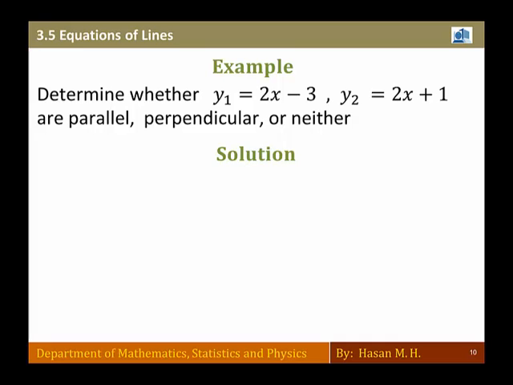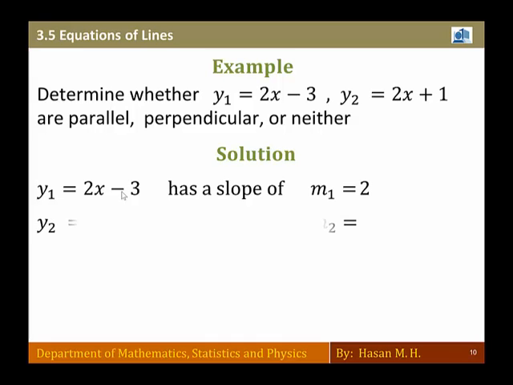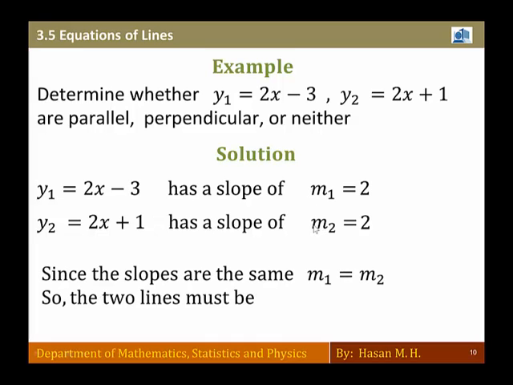The slope of the line y1 equals 2x minus 3 is 2, and the slope of the line y2 equals 2x plus 1 is 2. Since the slopes are the same, m1 equals m2, therefore the two lines are parallel.